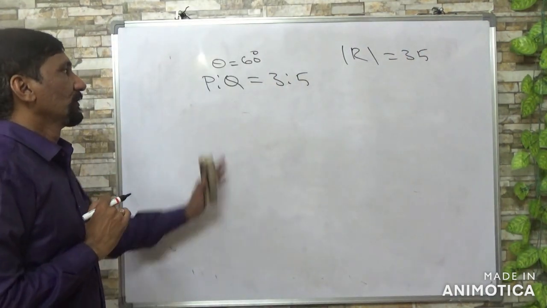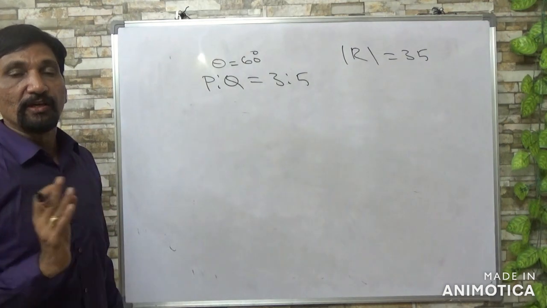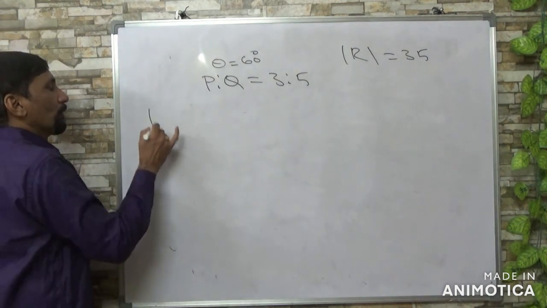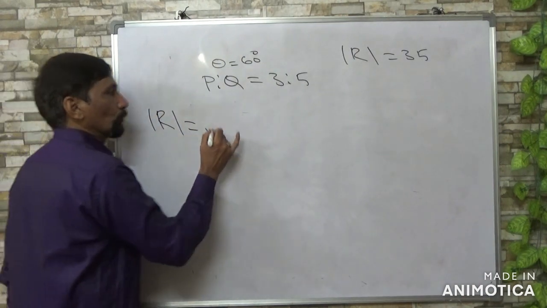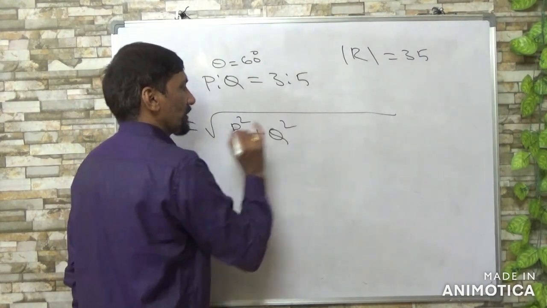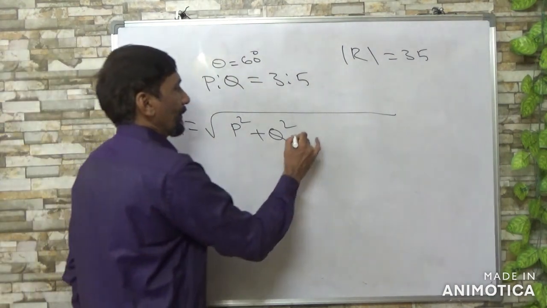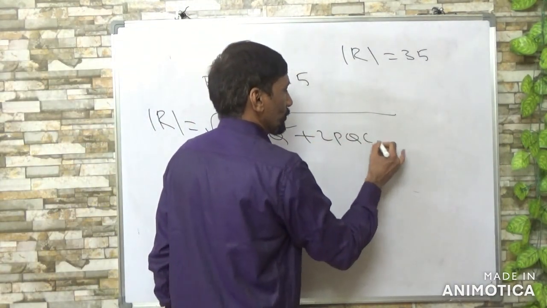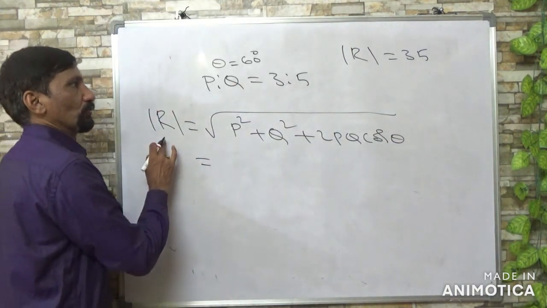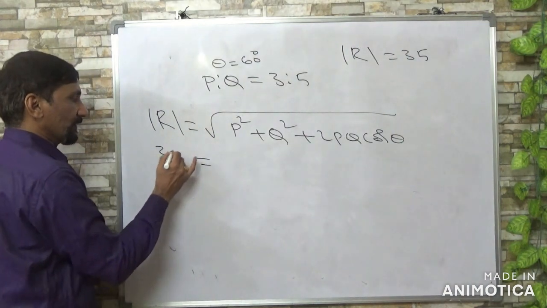You want to find their magnitudes. You are given a ratio instead of magnitudes. Mod R is equal to, you can use the formula now, the square root of P square plus Q square plus 2PQ cos theta. The magnitude is known to you, 35.